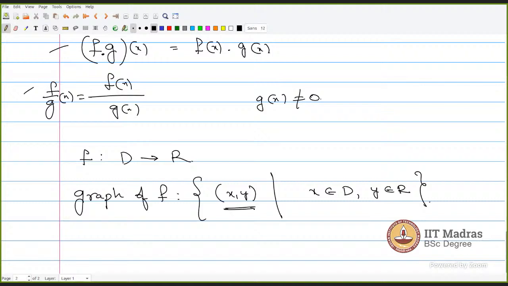Plotting all these points x comma y on the xy plane, I will get the graph of this function f.